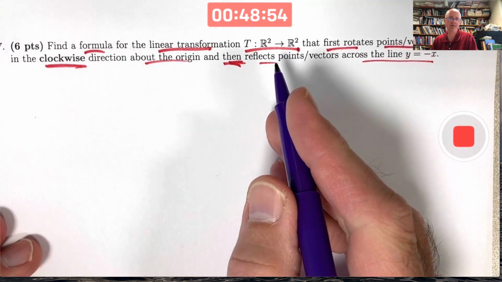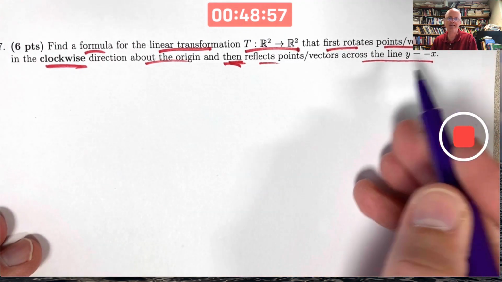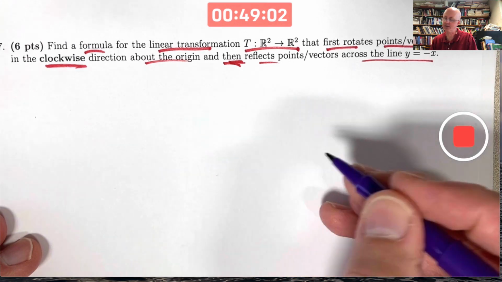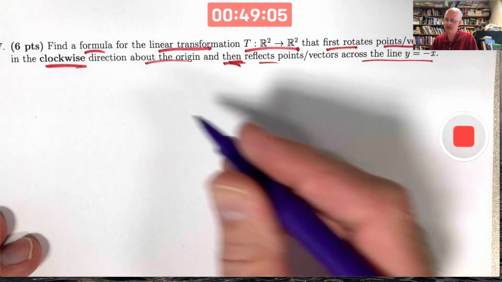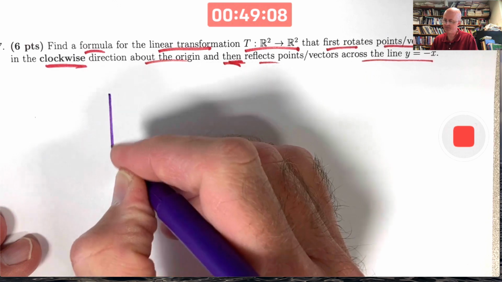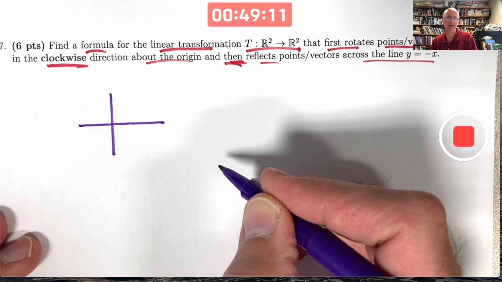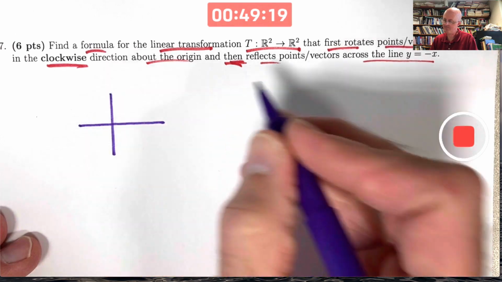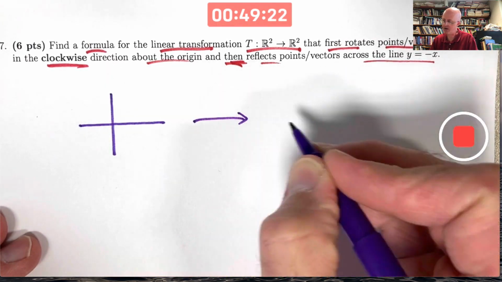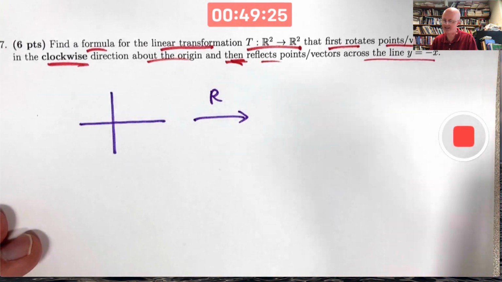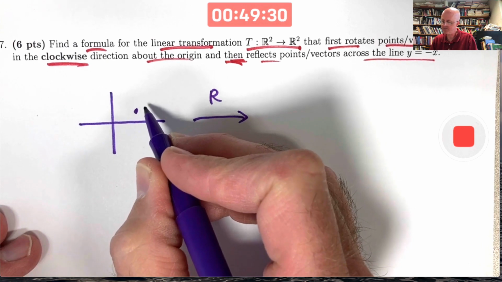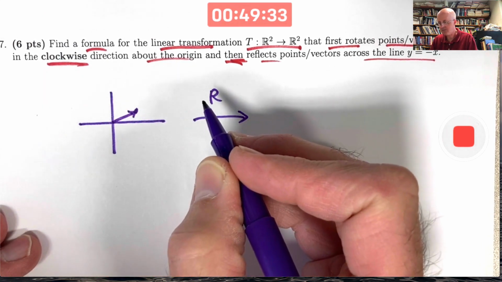What I need to do is think of T as a composition. First rotate, then reflect. So I need to find formulas for those transformations first and then compose them. So if I first imagine rotating, well, it's unfortunate that rotate and reflect both start with R. I'll call the rotation R. I'll call the reflection S. It's going to take an arbitrary point, which you can think of as a vector as well.